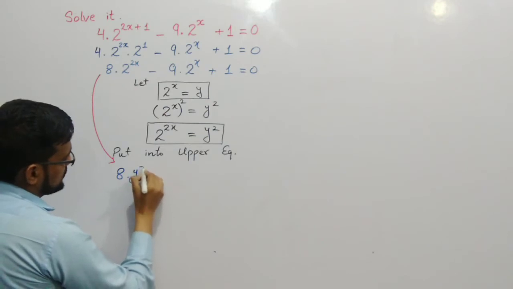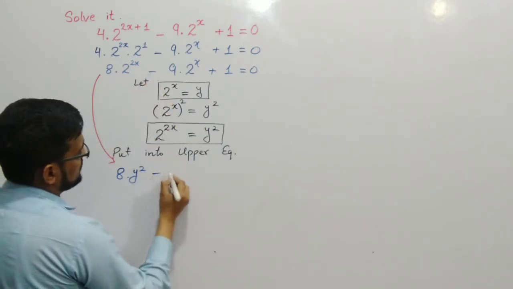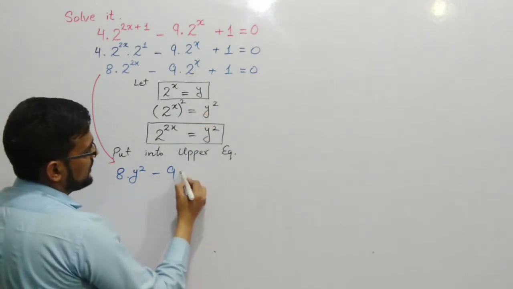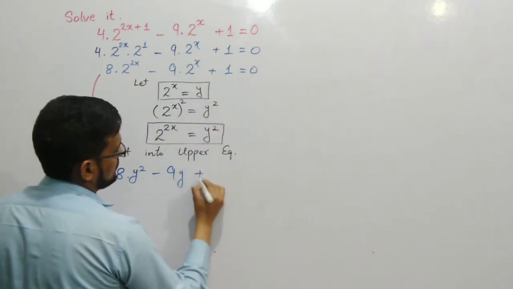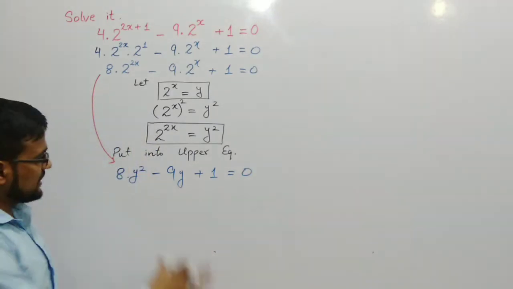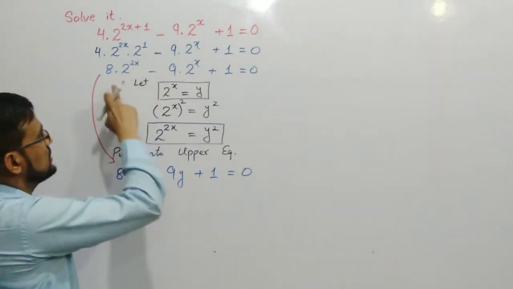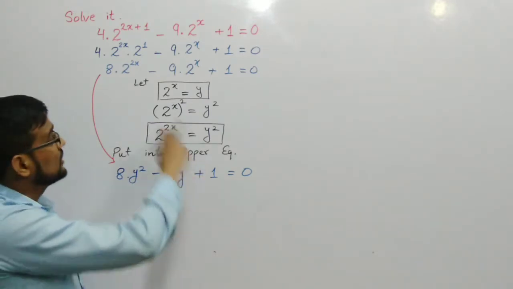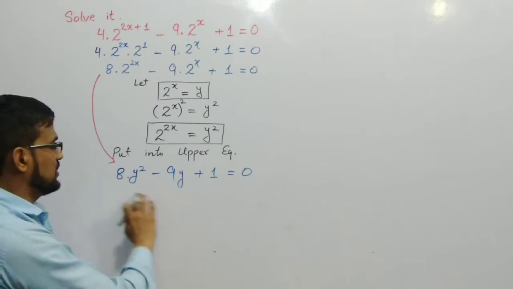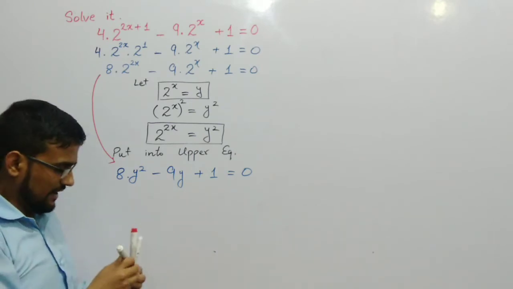It becomes 8y square minus 9 times 2 raised to power x, which becomes y, plus 1. Okay, understand this one? This equation has changed into a standard quadratic equation in variable y.